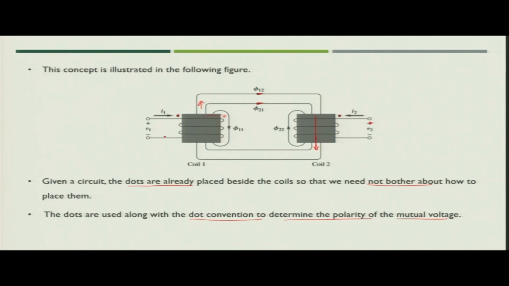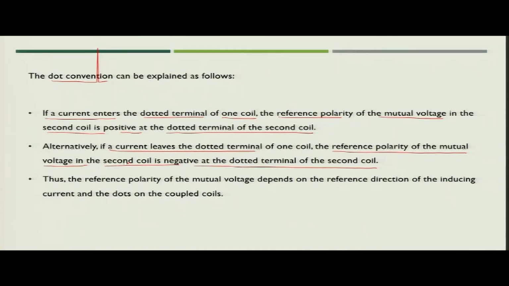So, suppose the direction of current is opposite and current is flowing from this side, in that case the polarity of the induced mutual voltage would be like this. That means the mutual voltage in the second coil will be negative at the dotted terminal of the second coil.